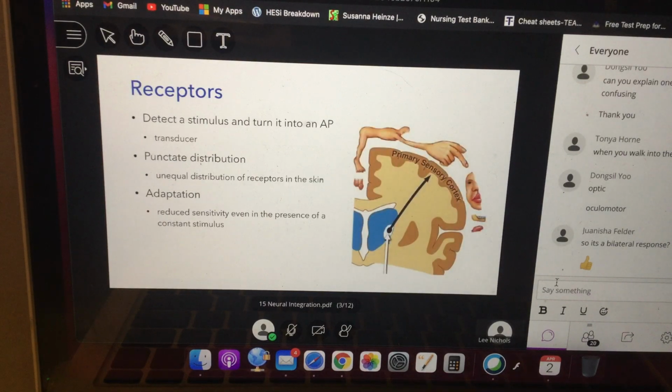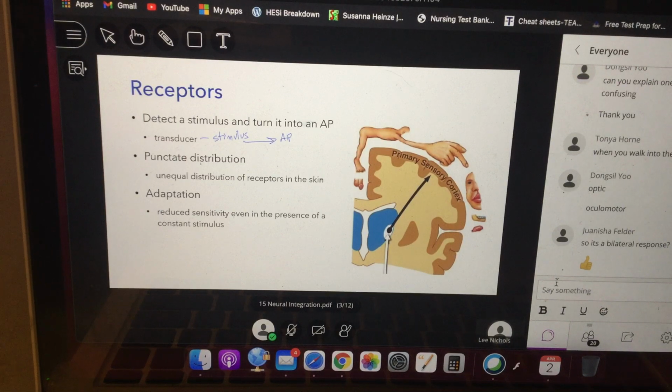So the first part talks about different kinds of receptors. A receptor is a transducer, and a transducer is anything that turns a stimulus of any kind, pressure, pain, light, vibration, taste, any kind of stimulus, and converts it into an action potential.